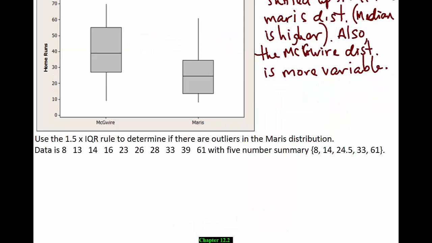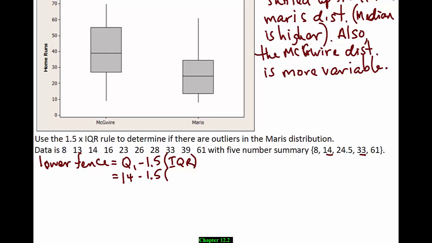Okay, so the lower fence is Q1 minus 1.5 times the interquartile range. So that's going to be, Q1 from our 5-number summary we can see is 14, minus 1.5, and the interquartile range is Q3 minus Q1, so that's going to be 33 minus 14.